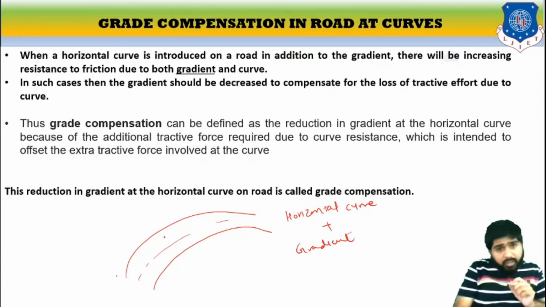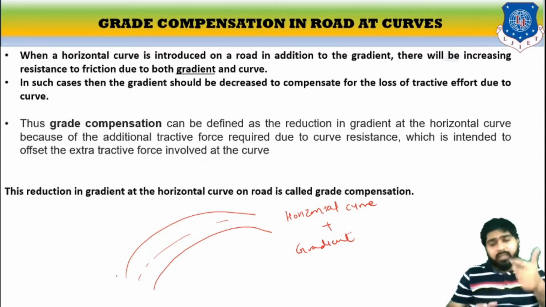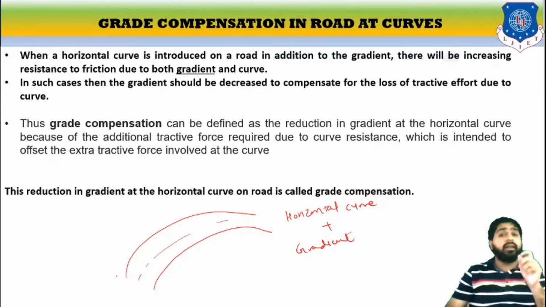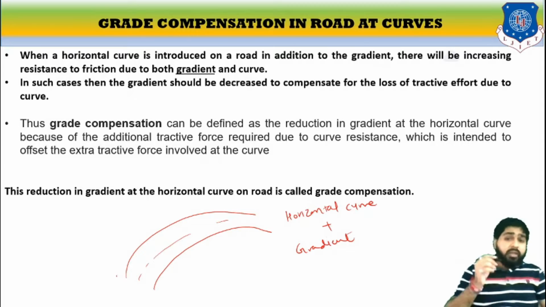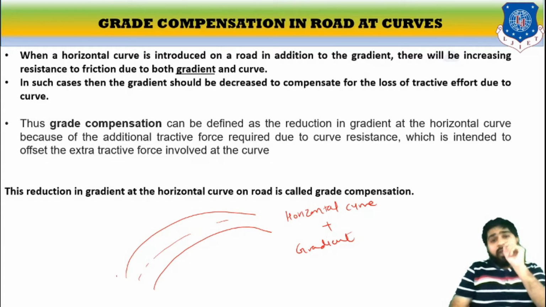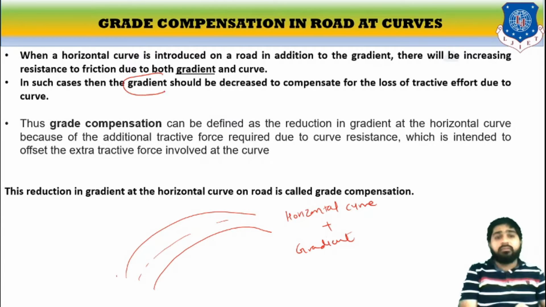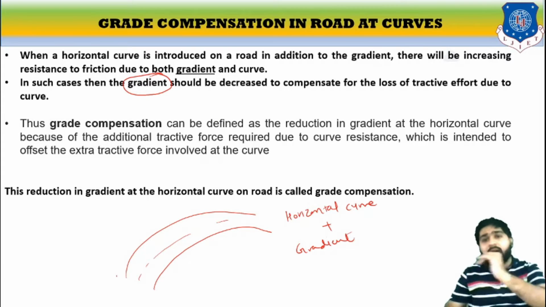When a horizontal curve is introduced on the road along with the gradient, there will be increased resistance to friction. Gradient and curve, both are there, so they will provide resistance in the friction while traveling on this road surface. In that situation, we have to compensate, we have to decrease the gradient, because we cannot reduce the horizontal curve.